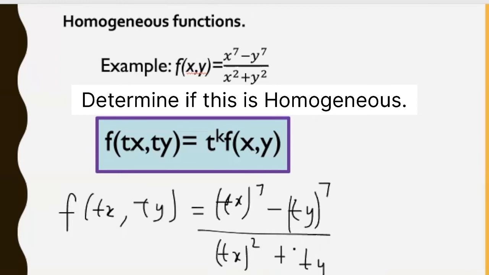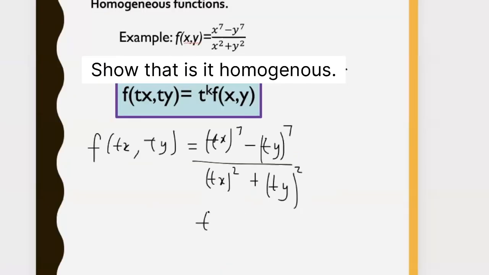ty all squared. Now, where I have tx all to the 7, it becomes t to the 7 x to the 7 minus t to the 7 y to the 7 all over t squared x squared plus t squared y squared.